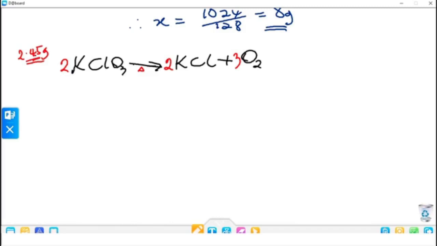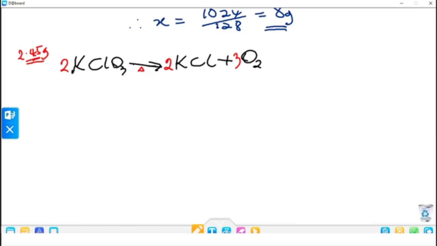And the question says, what volume of oxygen will be produced from decomposing that compound? So we are interested in the volume of oxygen. Now, to solve this type of question, we need to ask ourselves first, how many moles of potassium chlorate are there? And how many moles of oxygen do we also have there?